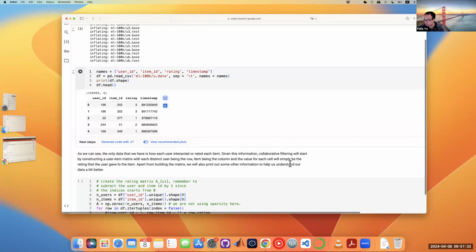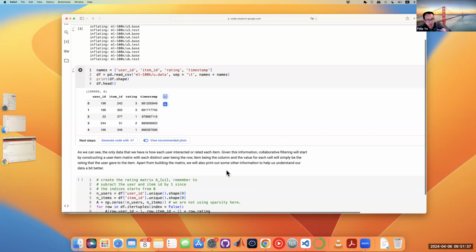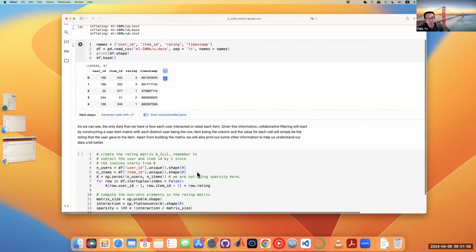So that's the matrix A we have been talking about. Of course, we need to print out something to see how sparse this matrix is, so we have a good idea of what we are working with.